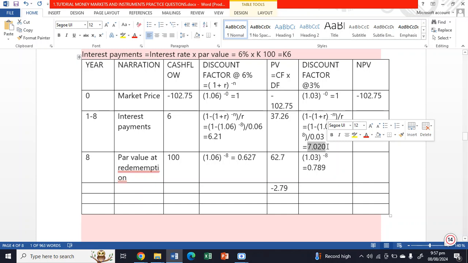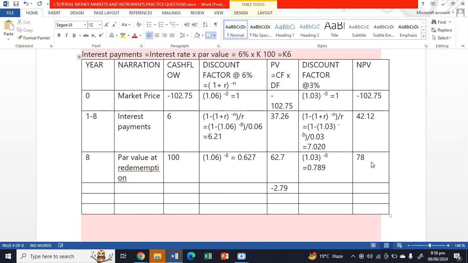What is 6 times 7.02? 42.12. 100 times 0.789, 78.9.